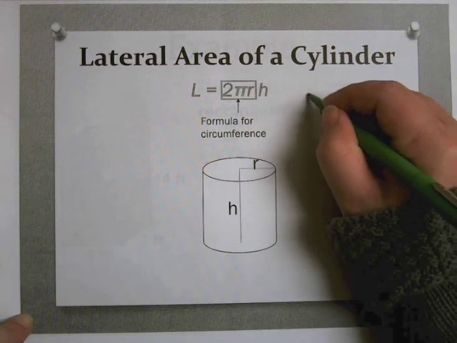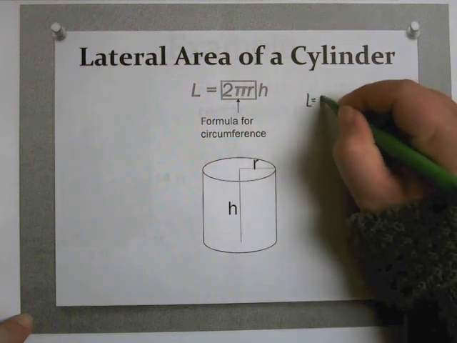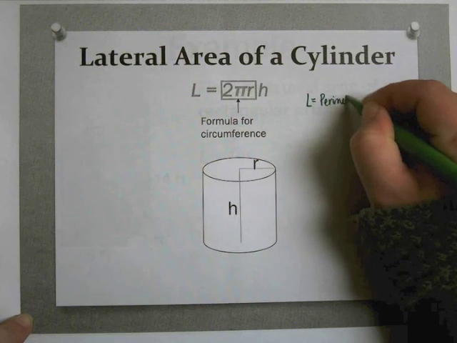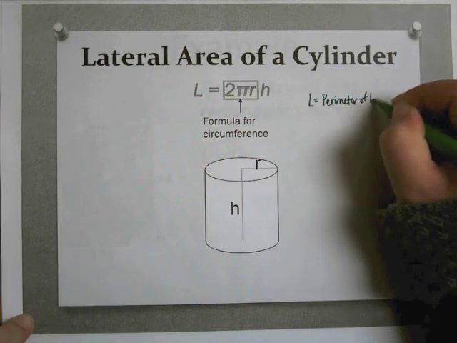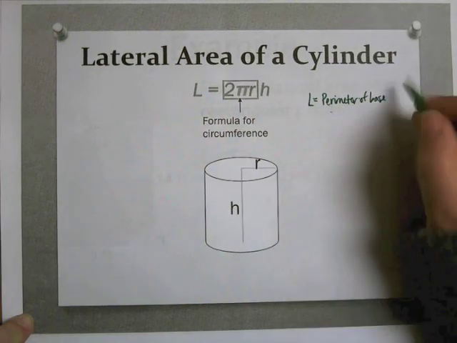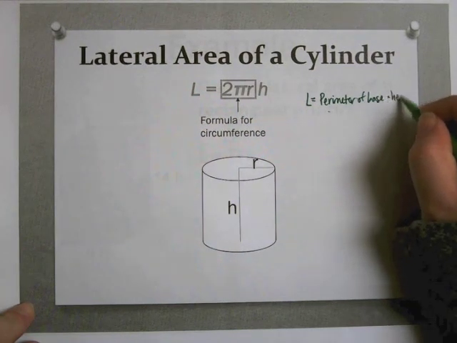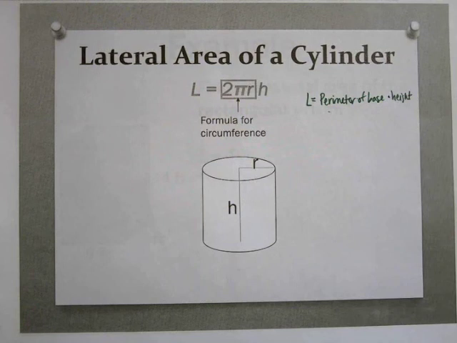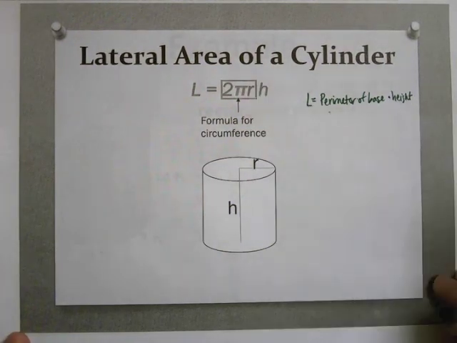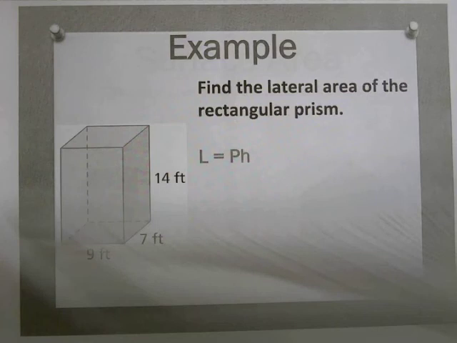So the same thing: the lateral area equals the perimeter of the base, which in our case is a circle, so it's the circumference, times the height. So it's still the same formula, we just have to use a different thing to find the perimeter of our base. Okay?